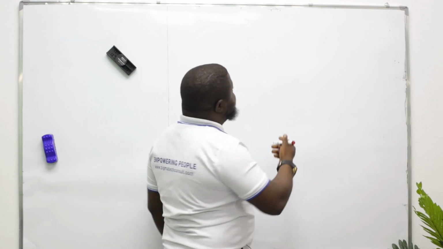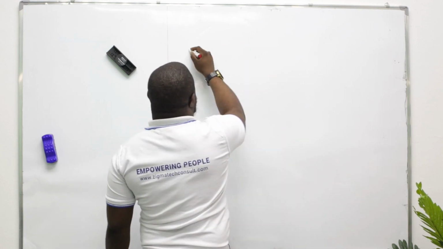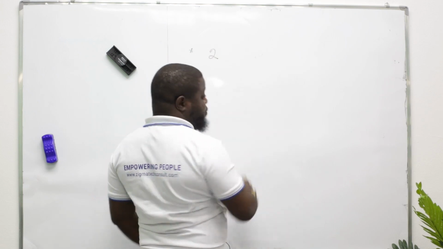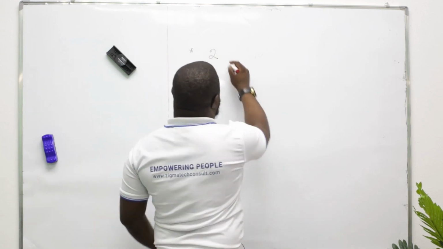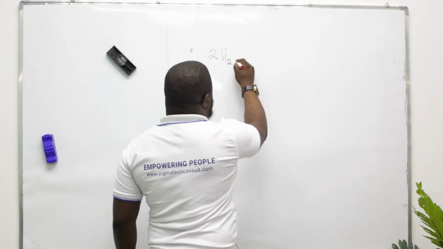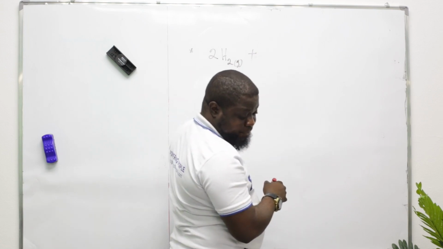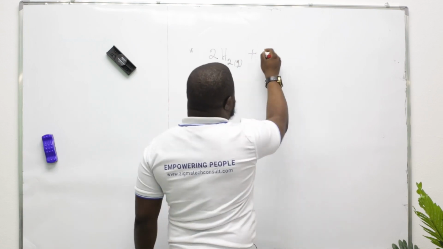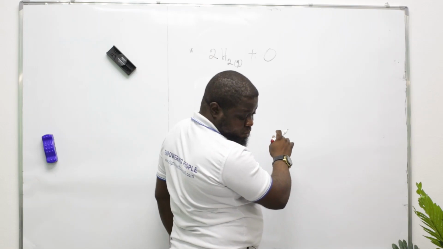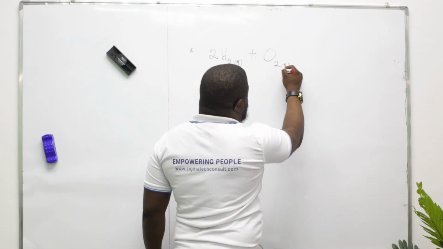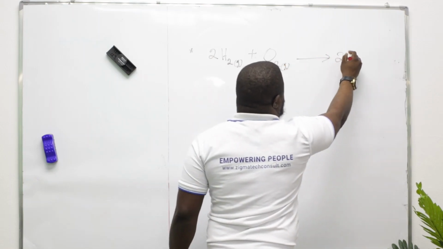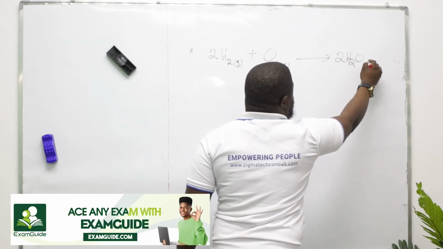Now, let's take mole ratio. Let's take 2H subscript 2 gas, and O subscript 2 gas, and they gave us 2H2O gas.